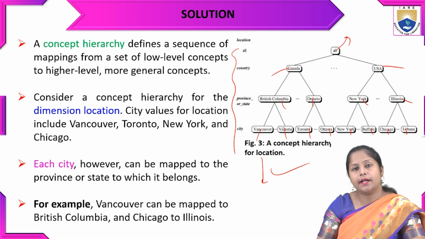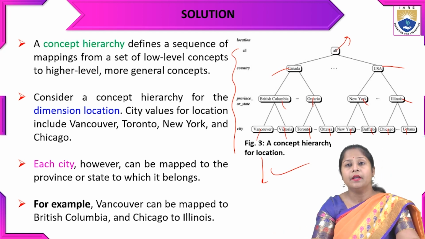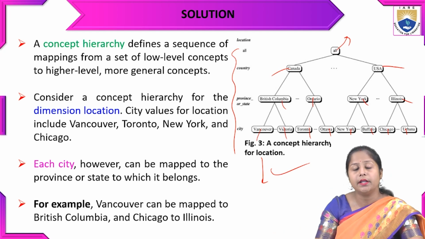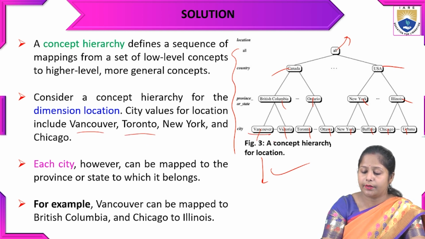So consider the concept hierarchy for the dimension location on the right hand side. The city has values for location including Vancouver, Toronto, New York, and Chicago.